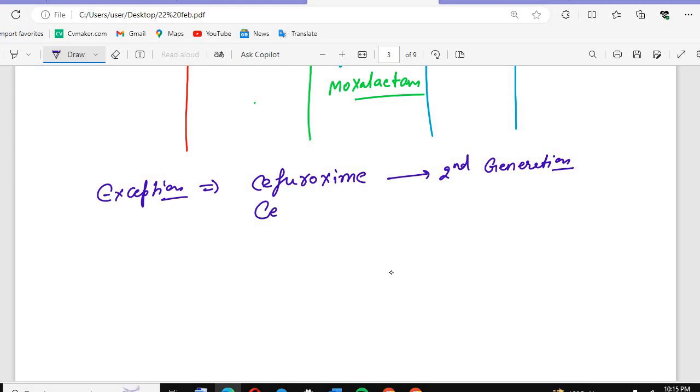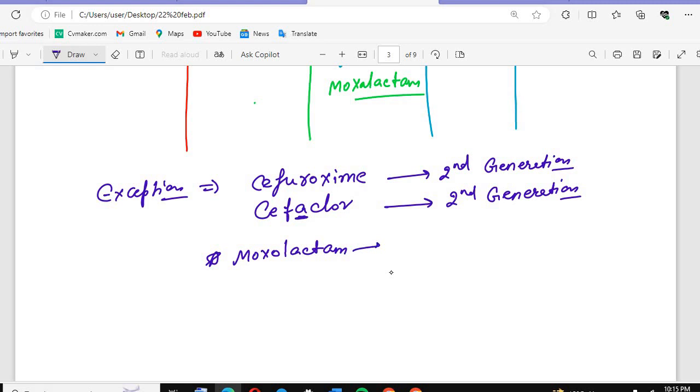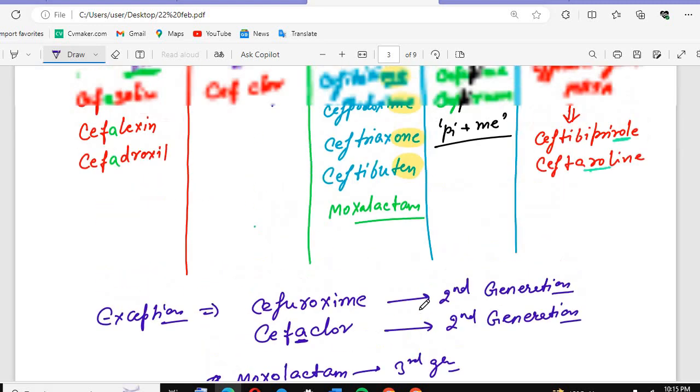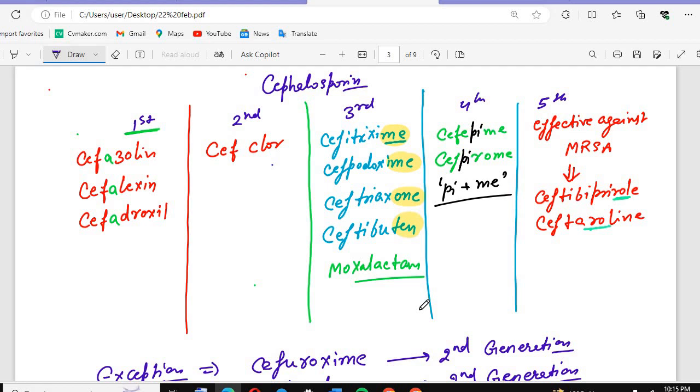Then we have cefaclor. A should come in the first generation, but it is the second generation. There is one more drug that doesn't come in our mnemonics or tricks, that is moxalactam, and moxalactam we know is the third generation. I know that you will remember these drugs. I hope this is clear.